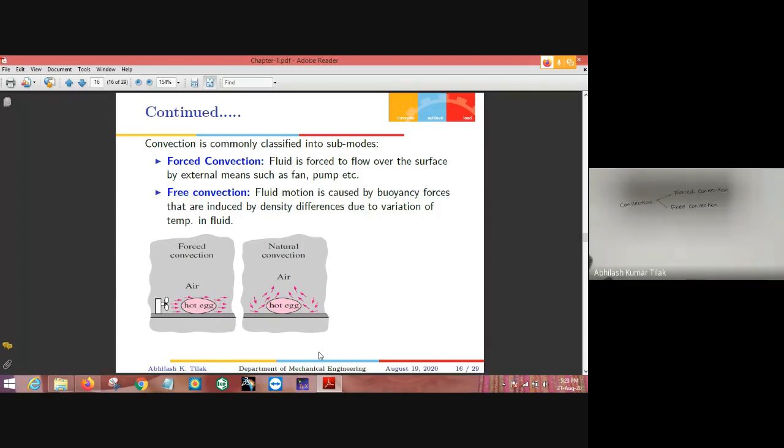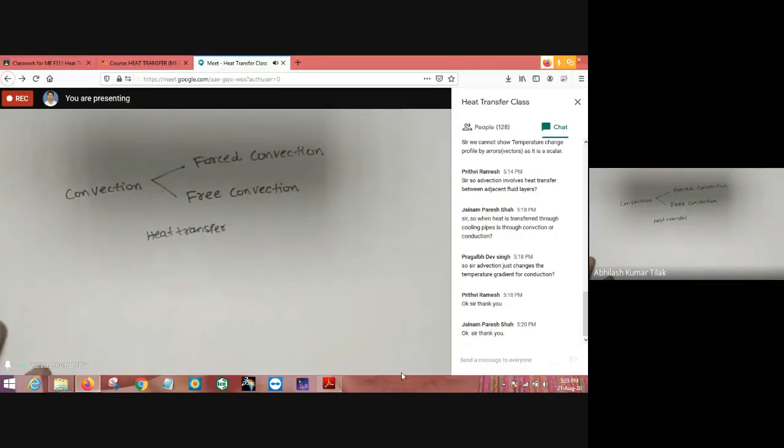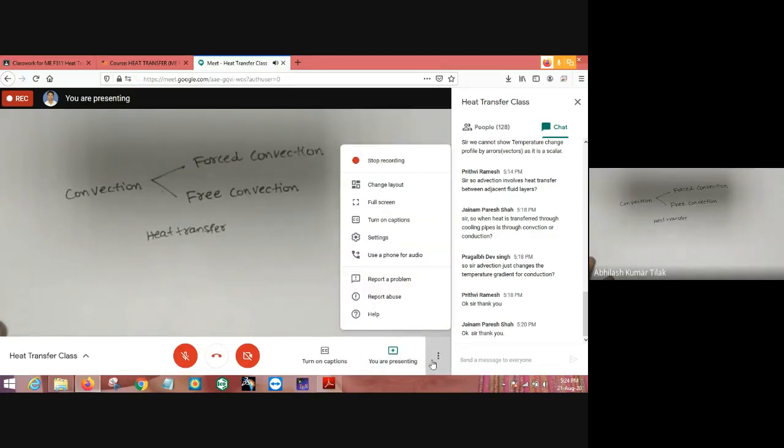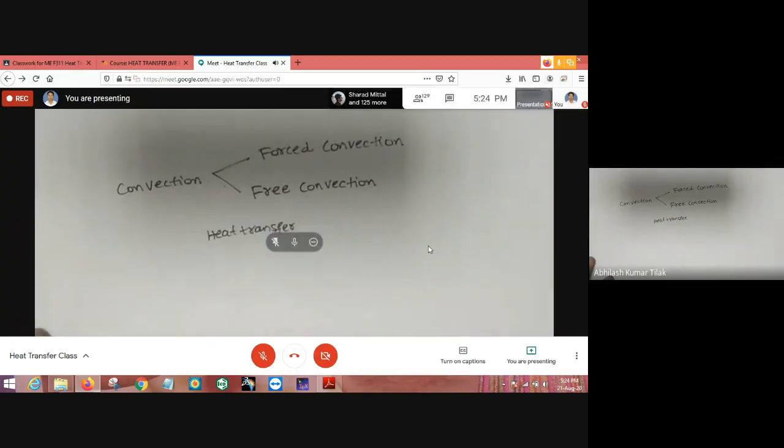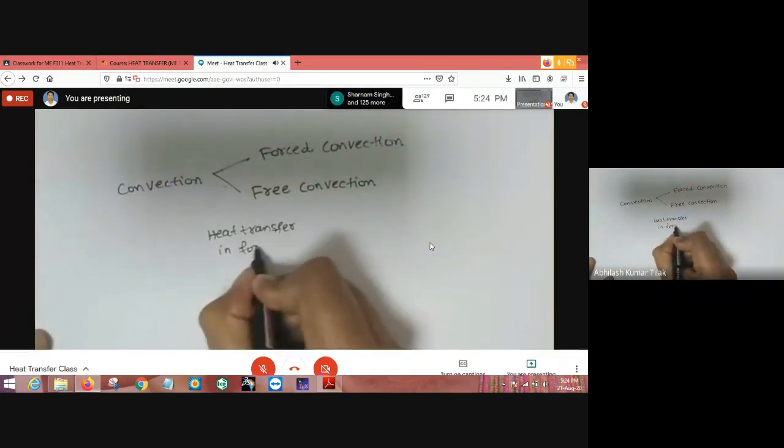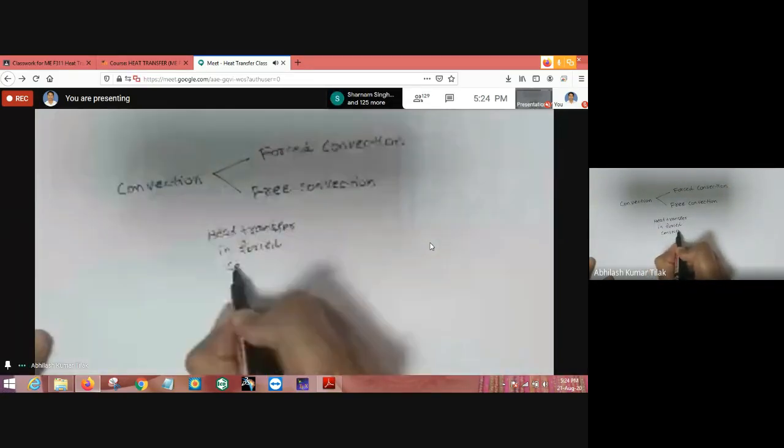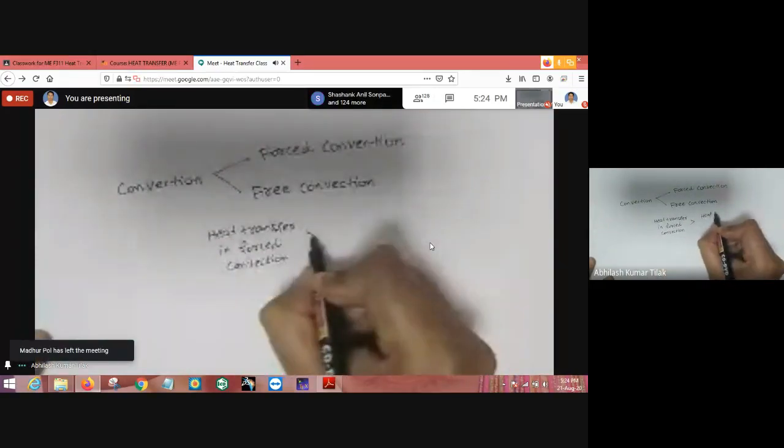Now, if you see here, since there is a higher fluid velocity involved in the case of forced convection compared to natural convection, I can say the heat transfer in forced convection is greater than heat transfer in free convection.